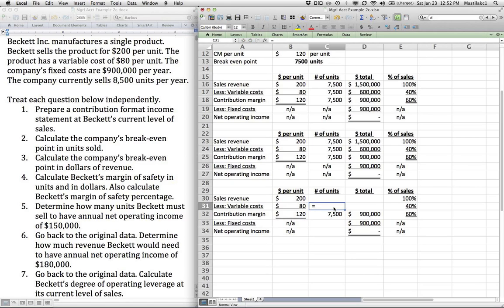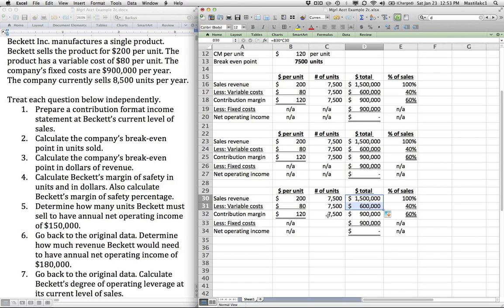And then we can just fill in our number of units being equal to that. So we're working our income statement backwards. This fits the logical progression of what happens to get to net operating income of 0. That's a given, and we work back up to number of units.